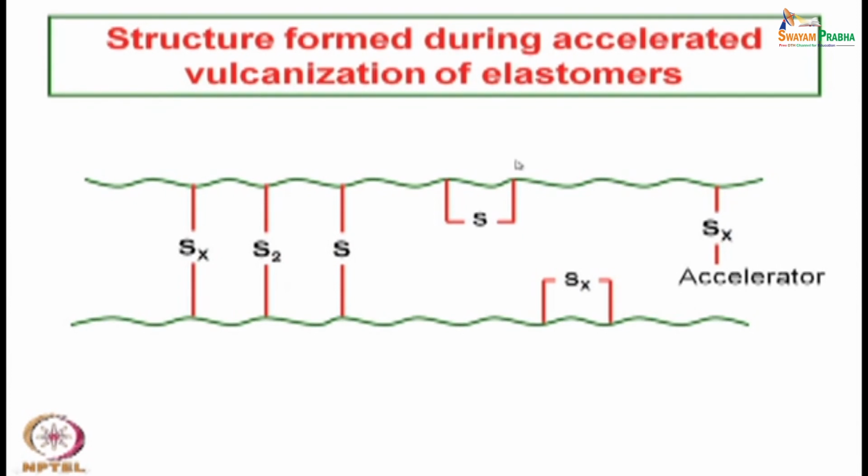That means, if there is more concentration of SX, the life of the product will not be good, whereas with less SX, more S2 and more S, that will be the excellent or efficient vulcanized network, because this cyclic sulfide SX or this kind of linkage goes for wasteful utilization of sulfur, this is unrequired, this is to be avoided, whereas the presence of these two will be very efficient for making a stable as well as strong rubber product. Thank you very much.